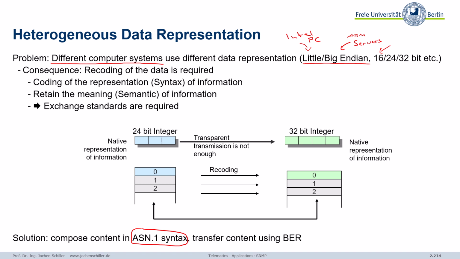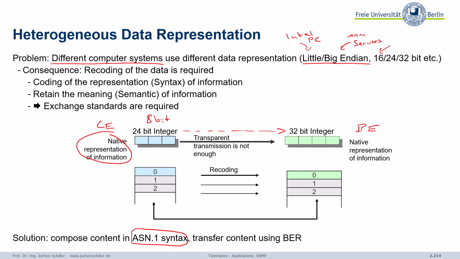And because we cannot simply transfer it directly, where do we place the 24 bits or the 16 bits or our very simple 8-bit controller just monitoring the temperature, whatever. So these are our native representations, little endian, big endian. So maybe this one is a little endian machine and that a big endian machine.